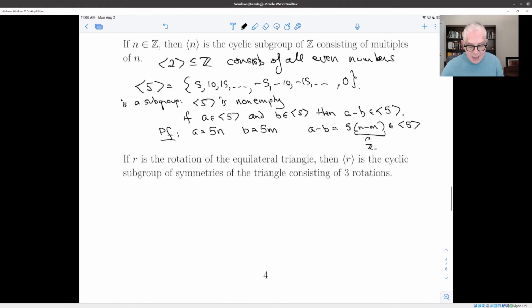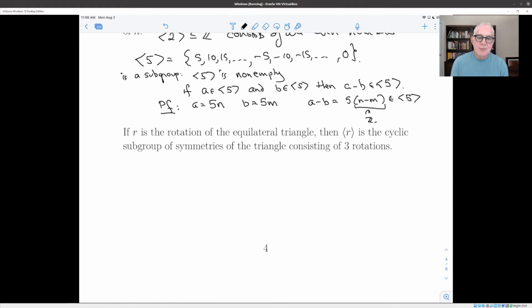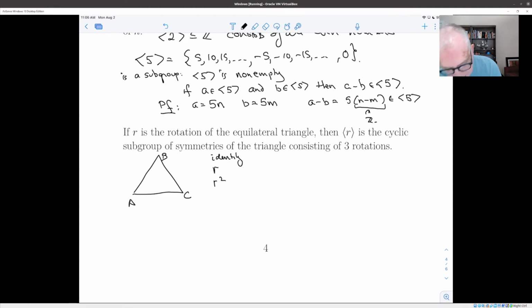And maybe one more example, if you remember the group of symmetries of the equilateral triangle, there were 6 symmetries. There was the identity symmetry, the rotation, and the left rotation and the right rotation, which could be thought of as 1 rotation and 2 rotations.